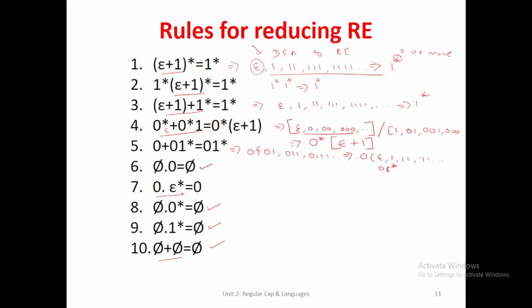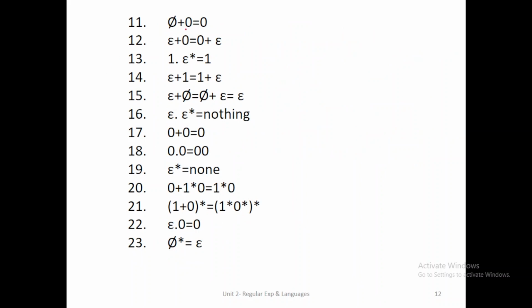And 0 concatenated with epsilon star means empty string. So if you combine epsilon star with 0, you can have only 0 in it. And the next rule, pi or 0, that is 0 only. Epsilon or 0 means either the string may be epsilon, otherwise the string may be 0.